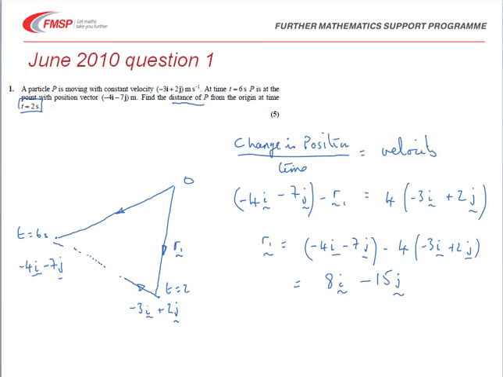So let's just look at that on the diagram here. What we said is that in this diagram, the change in position, that was R2 minus R1, is equal to 4 times the velocity v, because we're acting along here for 4 seconds.